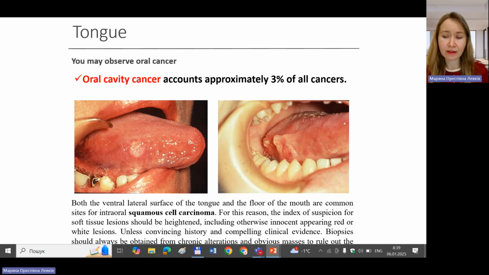For this reason, the index of suspicion for soft tissue lesions should be heightened, including otherwise innocent appearing red or white lesions. Unless there is convincing history and compelling clinical evidence, biopsies should always be obtained from chronic alterations and obvious masses to rule out malignancy.